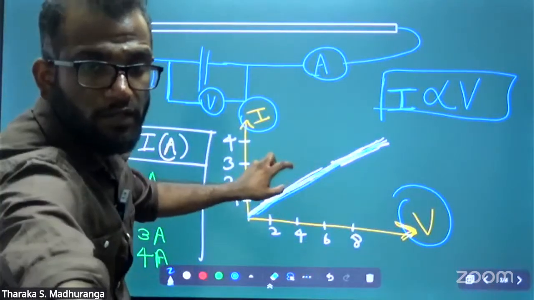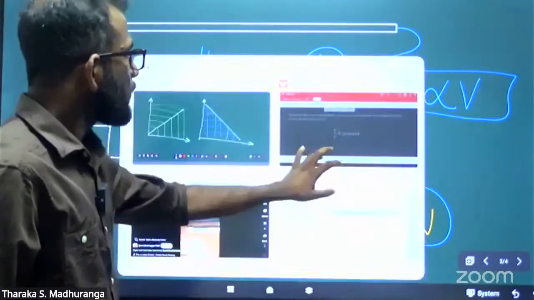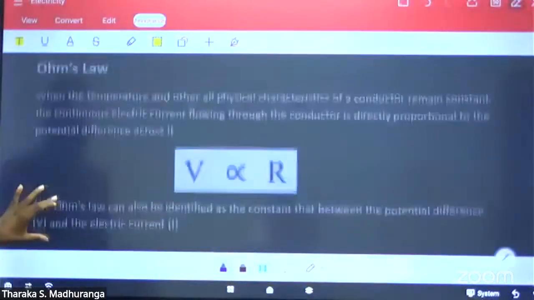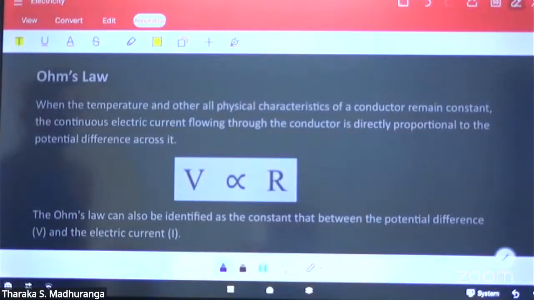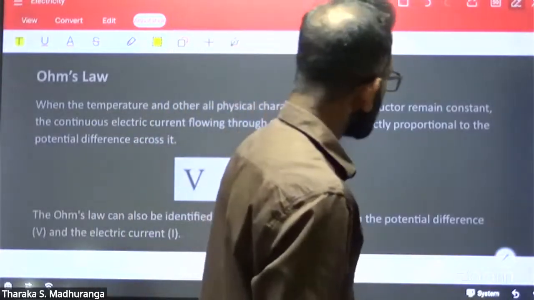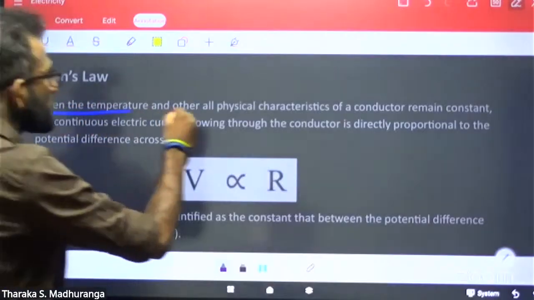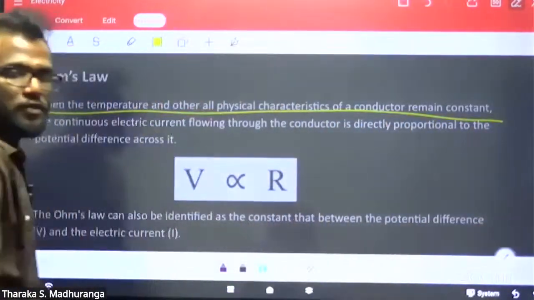You can read a very simple concept. He has explained a very simple concept. When the temperature and all other physical characteristics of the conductor remain constant, this is compulsory for Ohm's law.